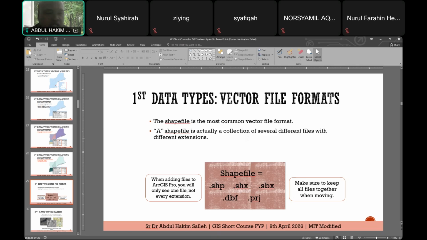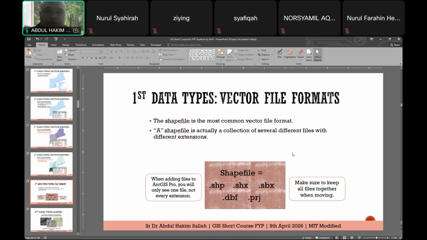It is just a single file, whether it is JPEG or PNG, or bitmap. So it differs with vector. A single vector file comprises a lot more, as you can see, children files.